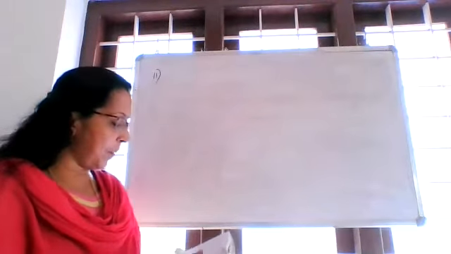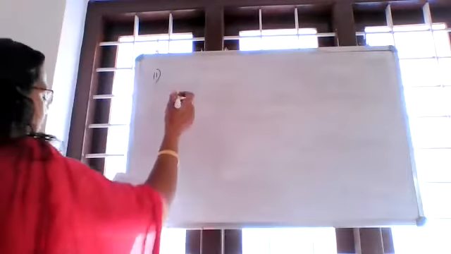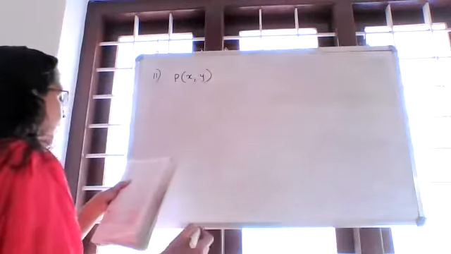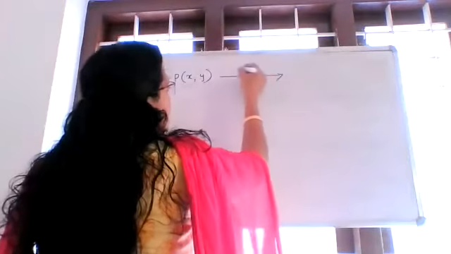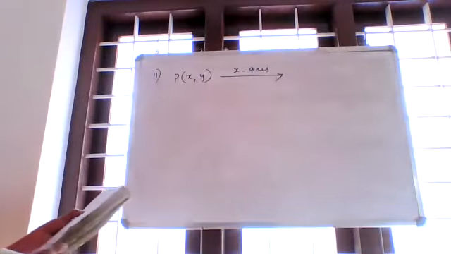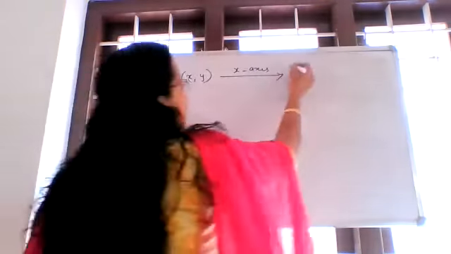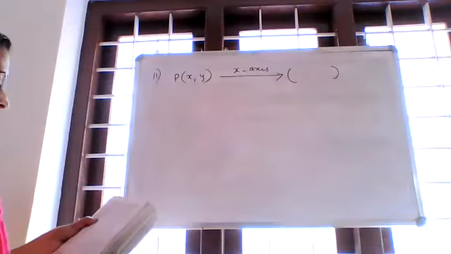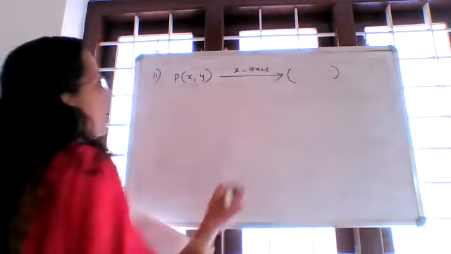Eleventh one. Point PXY is first reflected in the x-axis. So, x-axis, you should write like this. Then what will be the coordinates? x, negative y.